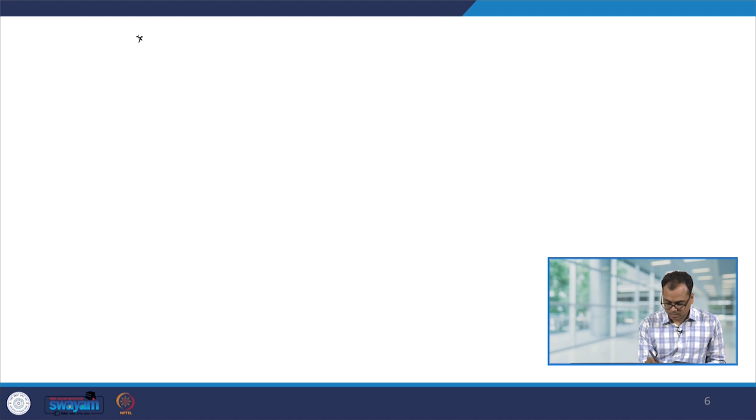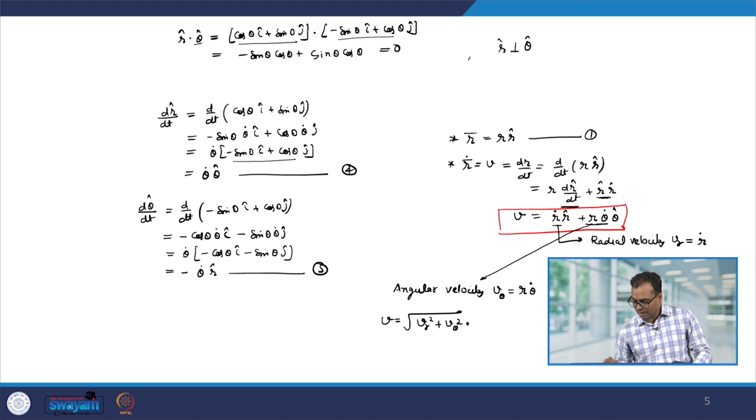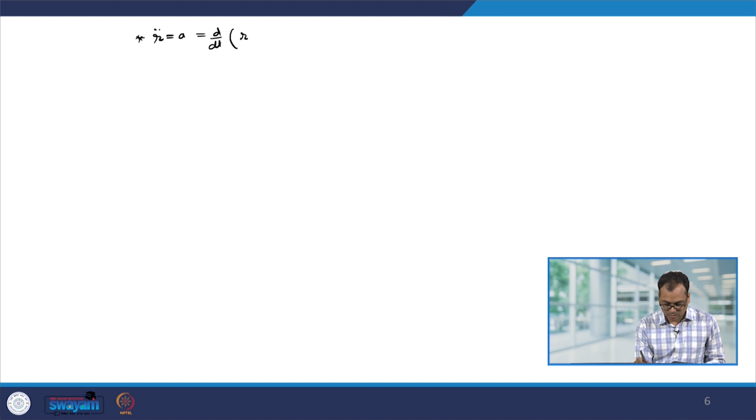which is a, which is d over dt of r dot, and r dot we already have. This is your r dot: r dot r cap plus r theta dot theta cap. Let us find out this derivative.